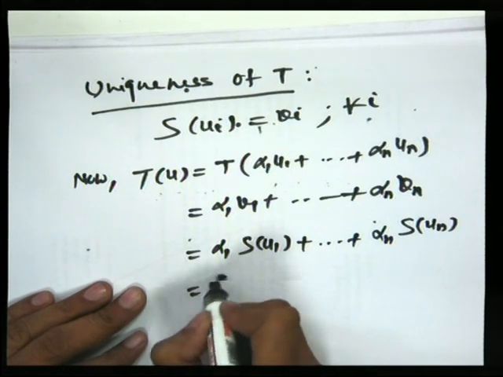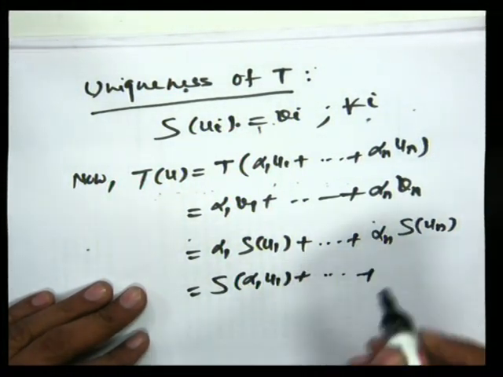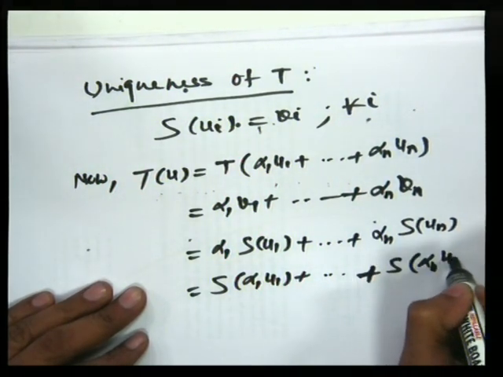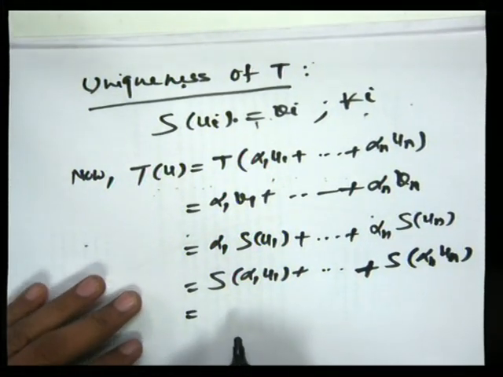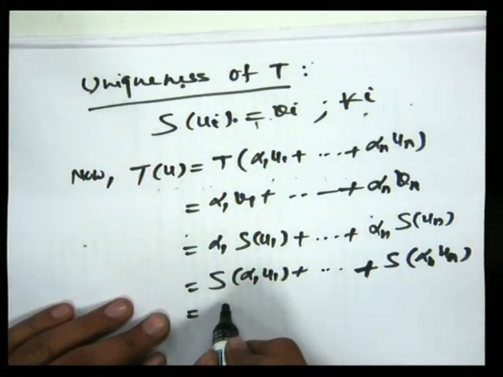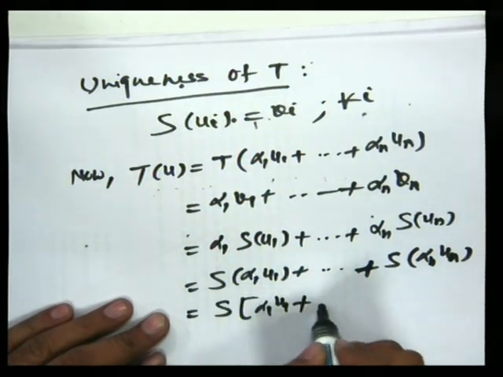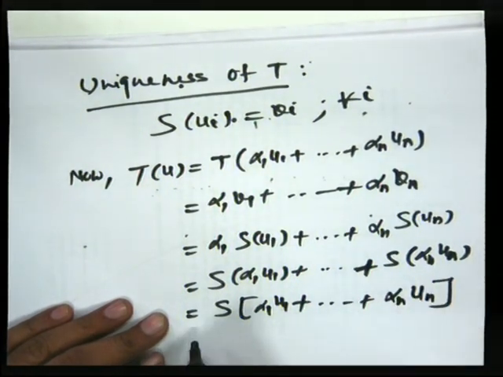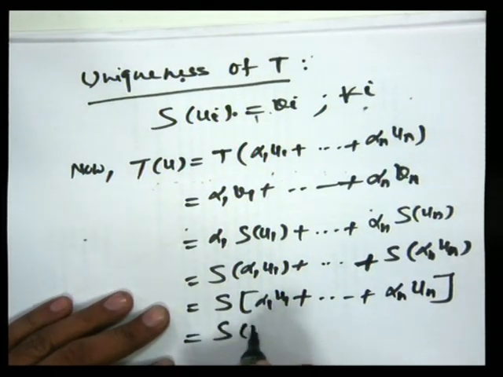We can write S of alpha 1 u1 plus up to alpha n un. Similarly again, S is a linear transformation, so we can write this S of alpha 1 u1 plus up to alpha n un, that is, this equals S of u.